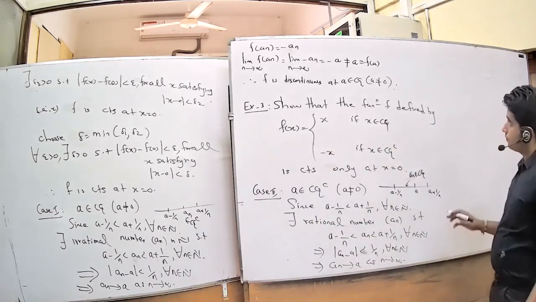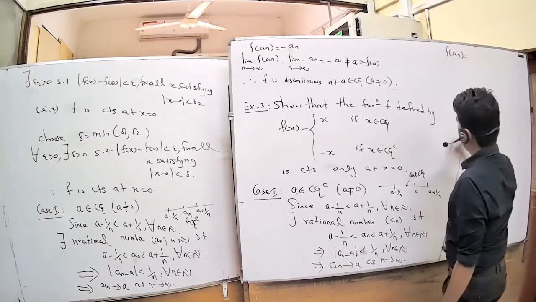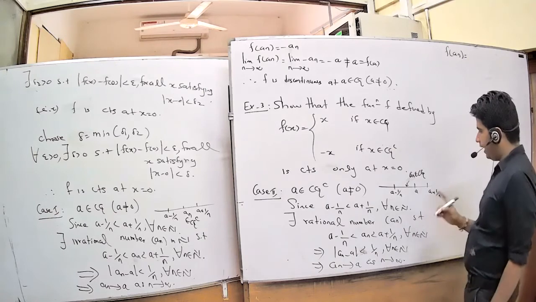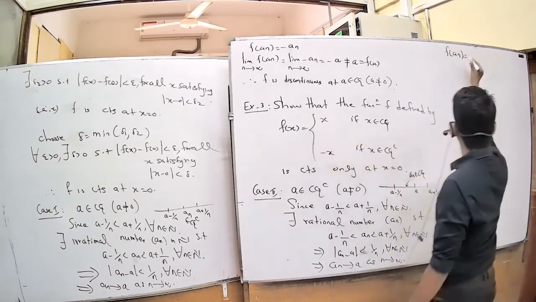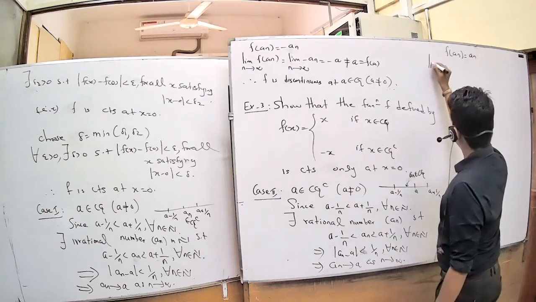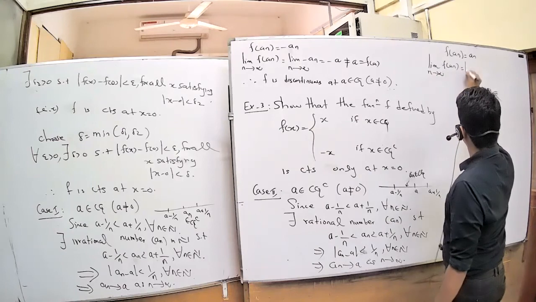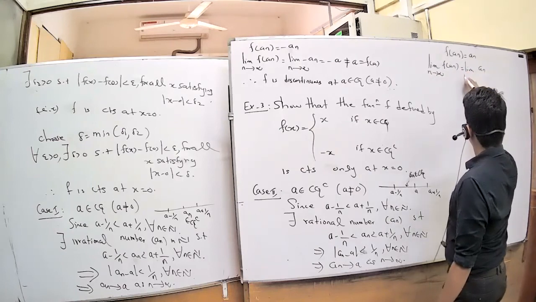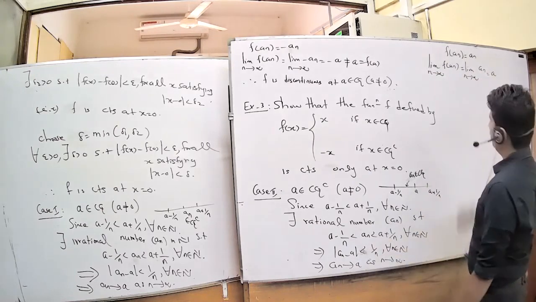Now, f of a n. Your a n is a rational number, therefore f of a n becomes a n. Now you take the limit of f of a n as n tends to infinity. The limit of a n becomes a, because a n tends to a.